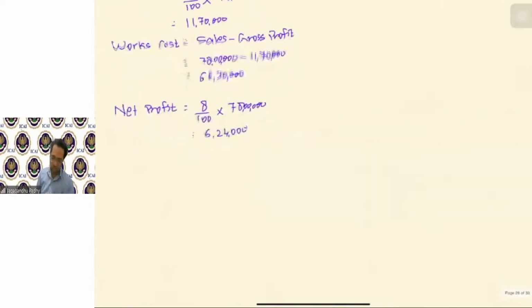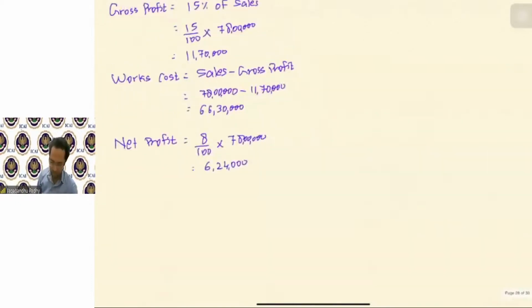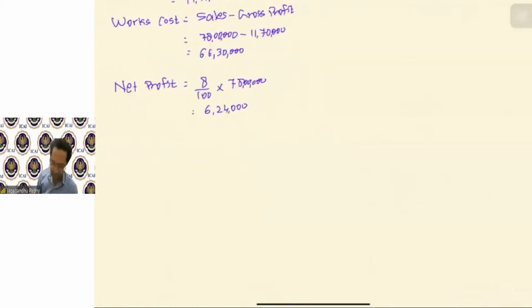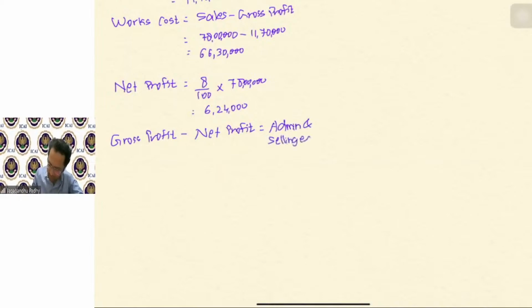Okay. So the difference between the gross profit and net profit should ideally be the admin and selling expenses. So gross profit minus net profit should be administrative and selling expenses.